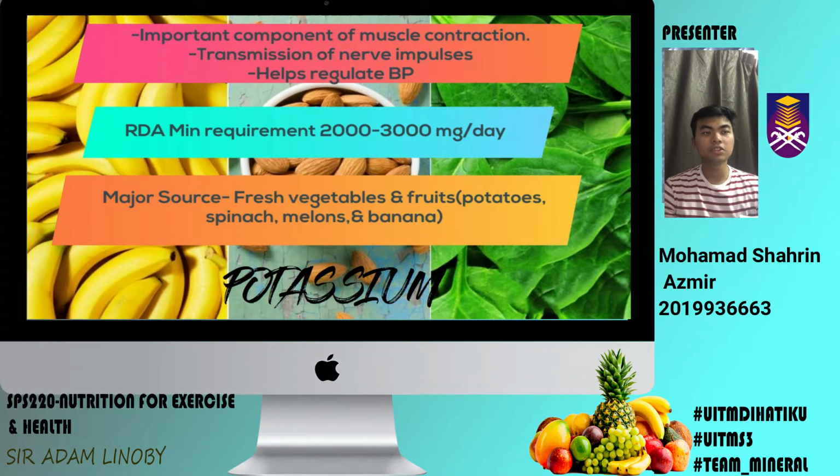Okay, for the next slide is potassium. The function of potassium: first, it is an important component of muscle contraction. Next is the transmission of nerve impulses. It helps regulate our blood pressure and maintain our temperature.